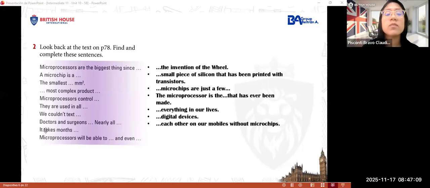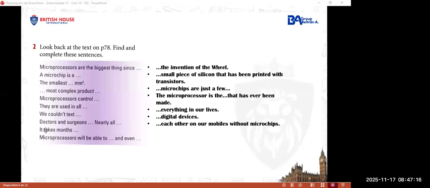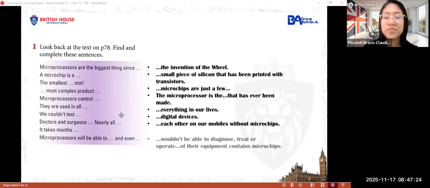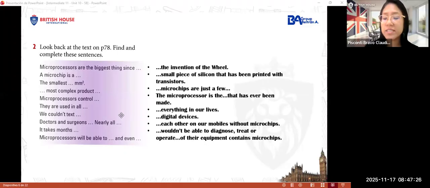Now, what about it takes months? It takes months to make a microprocessor. Yes, very well. Okay, well done. And finally, what about the last one?